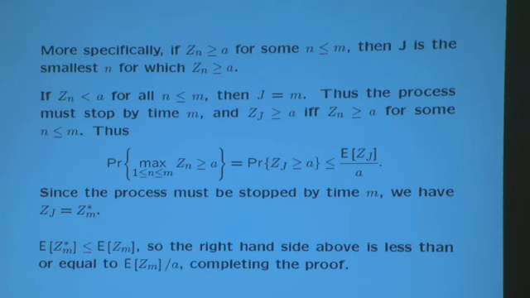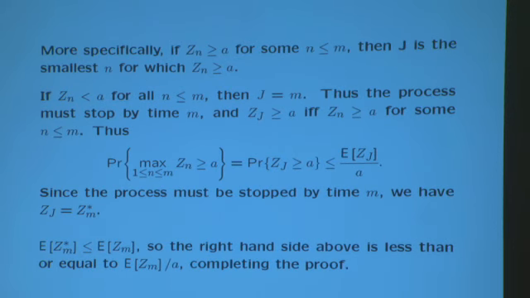If Z sub n is greater than or equal to a for any n, then J is the smallest n for which Z sub n is greater than or equal to a. It's the first time at which we cross that threshold. If Z sub n is less than a for all n up until m, then we make J equal to m. So we're insisting on stopping at some point. This is not a defective stopping rule. It's a real stopping rule because you set the limit on how far you want to look. So the process has to stop by time m.